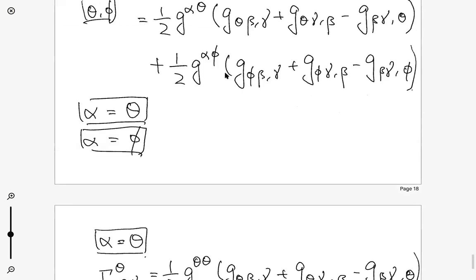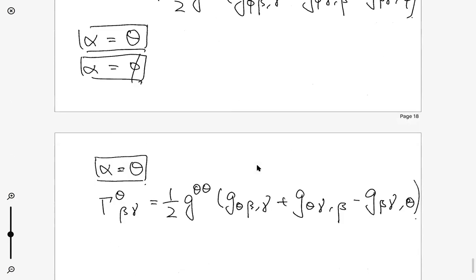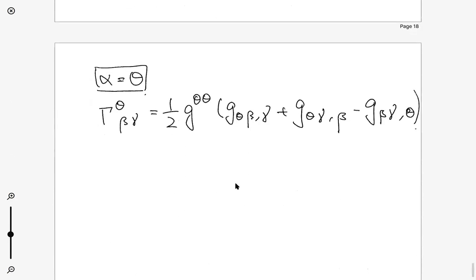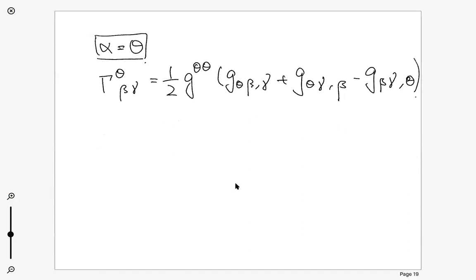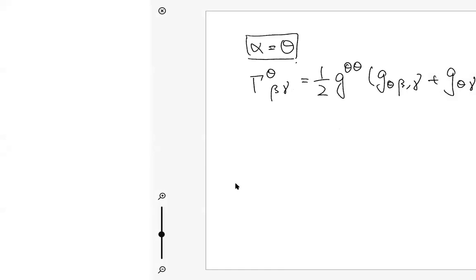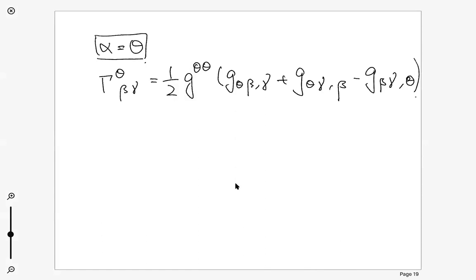And then the second line vanishes, for the reason I just explained. So now we have again come to the point where we can consider different possibilities for beta and gamma, because what we are left with is the beta and gamma for this formula. We just need to play around with all the possibilities that beta and gamma can take.